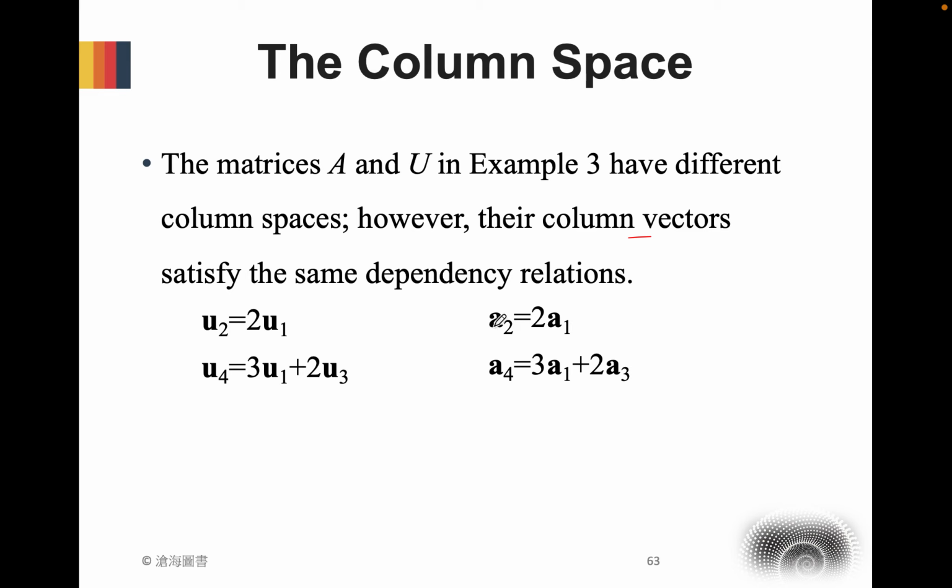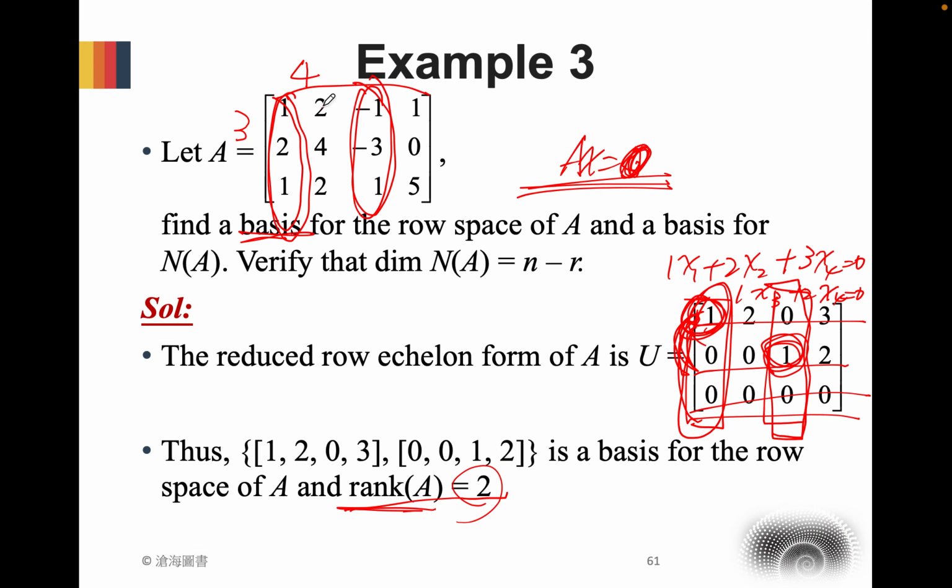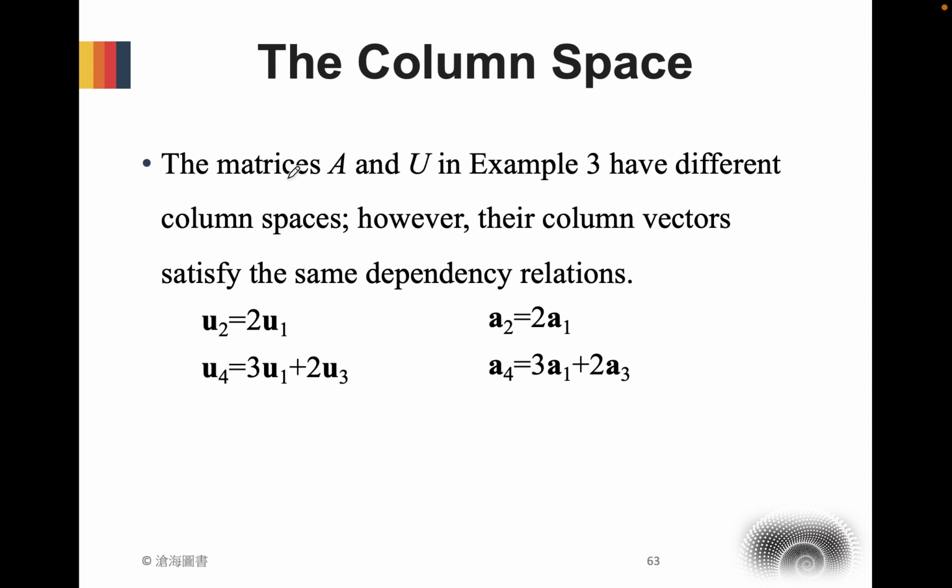And we can also write down A2 is equal to 2A1, and A4 can be written as 3A1 plus 2A3, right? So the dependency relations are the same.